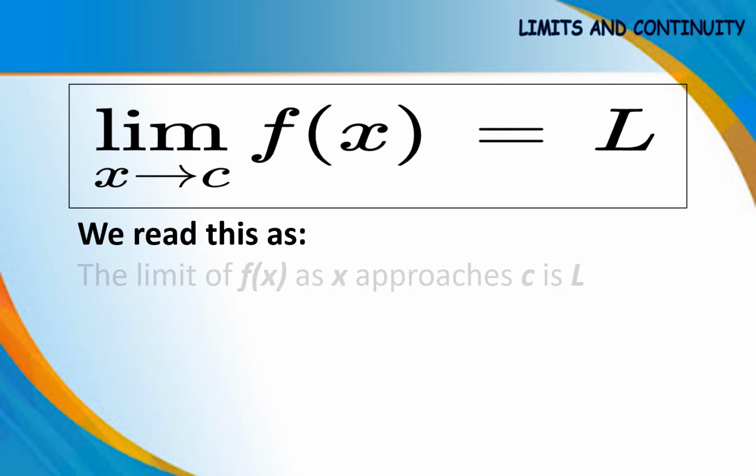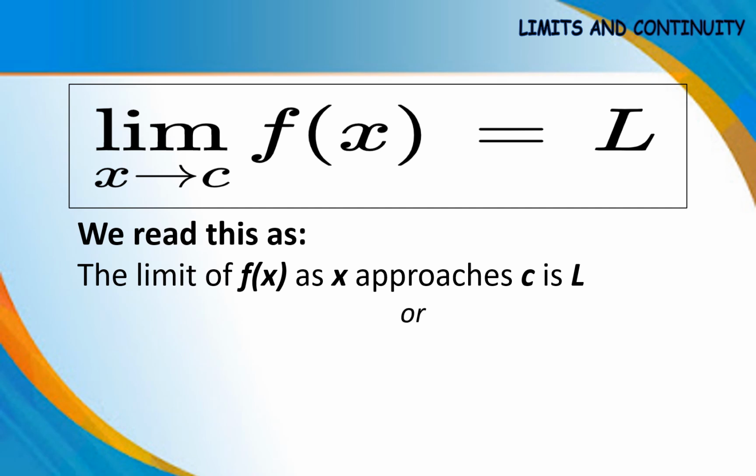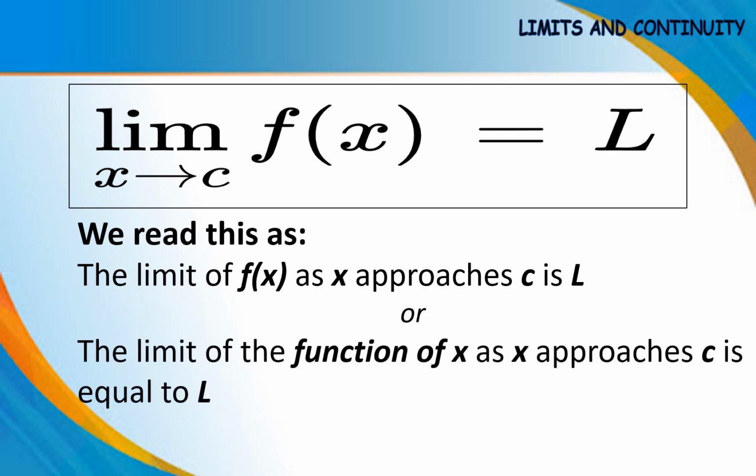We read this as the limit of f of x as x approaches c is equal to L. Or you can also read it the other way: the limit of a function of x as x approaches c is equal to L.